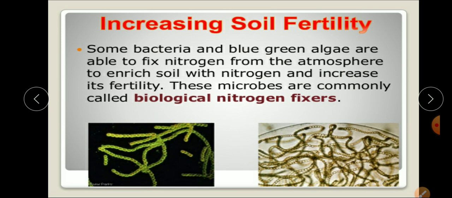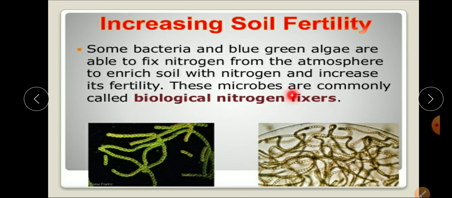They are able to fix nitrogen from the atmosphere. In the atmosphere there are many gases, right? So they fix nitrogen for what purpose? To enrich soil with nitrogen and increase its fertility.